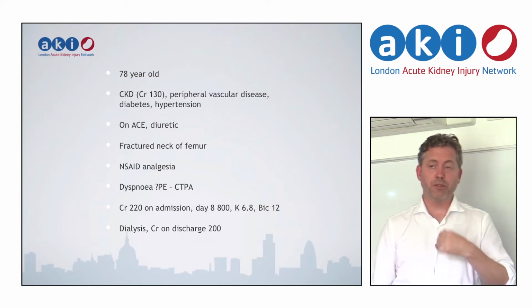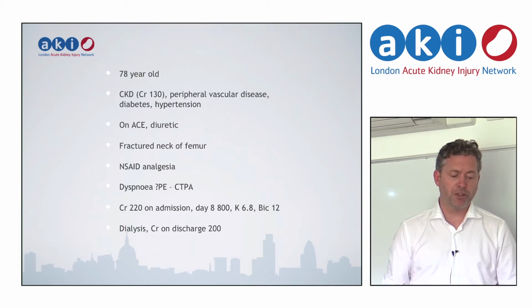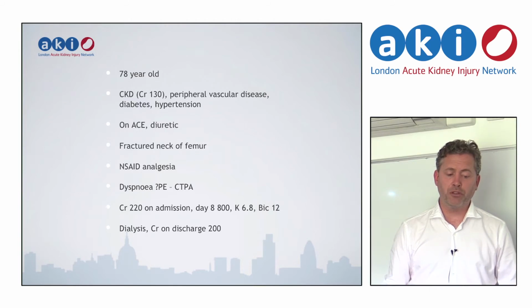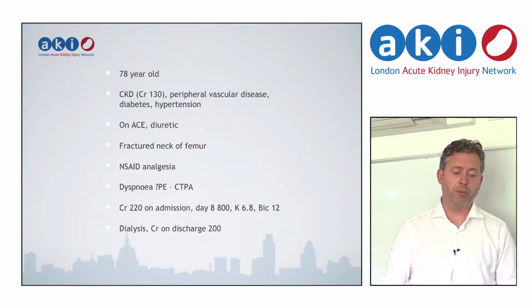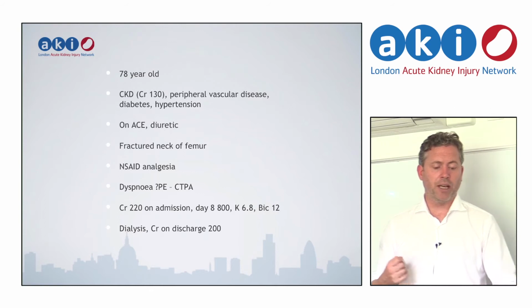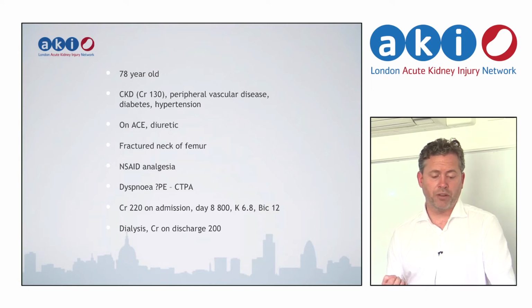This patient, in terms of their acute insult, fractured their neck of femur, blood loss, with the use of non-steroidal analgesics. They become breathless due to pneumonia, but as they were post-operative at this point, had a CT pulmonary angiogram with contrast. Their creatinine was 220 on admission, but by day 8 was 800, and at this point had evidence of decompensation with hyperkalemia and severe acidosis.